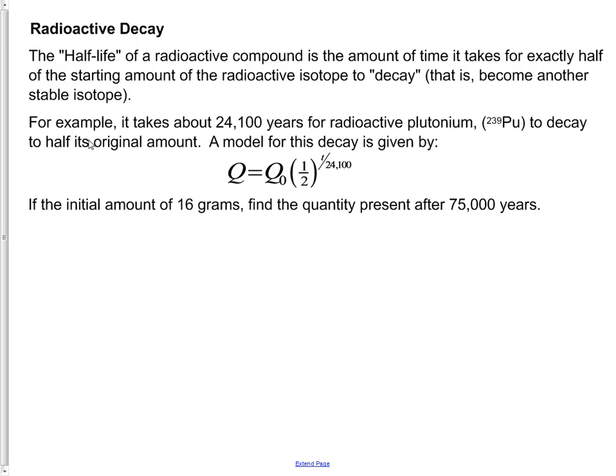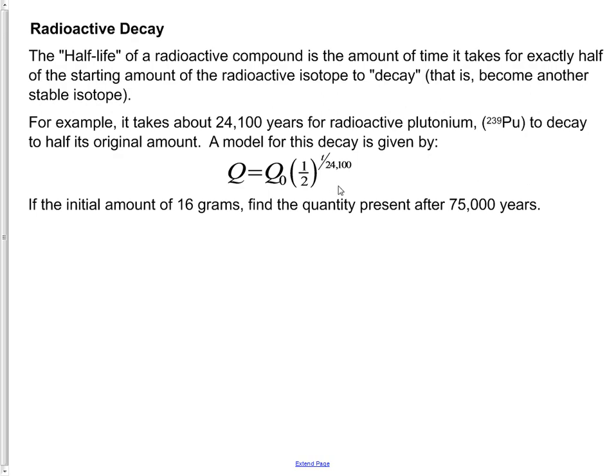So here's an example of one. Let's say it takes about 24,100 years for radioactive plutonium-239 to decay to half its original amount. Well, here's a model for this decay.